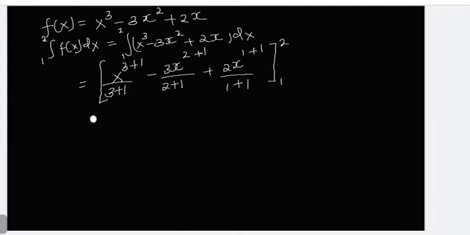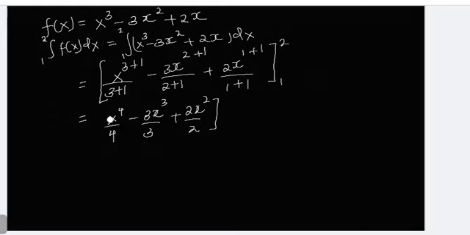So I want to go ahead and simplify this. This will be x to the power of 4 over 4 minus 3x to the power of 3 over 3 plus 2x to the power of 2 over 2, still within limits of x equals 1 and x equals 2.